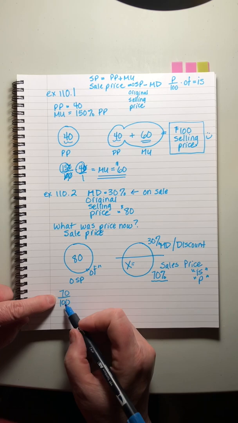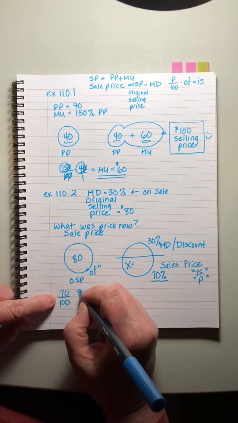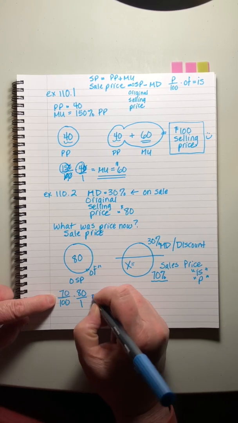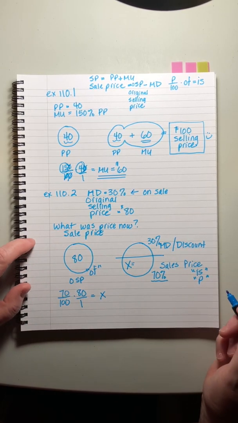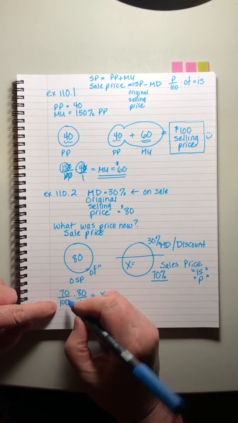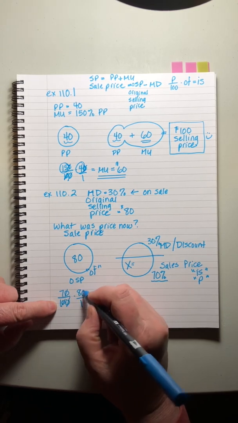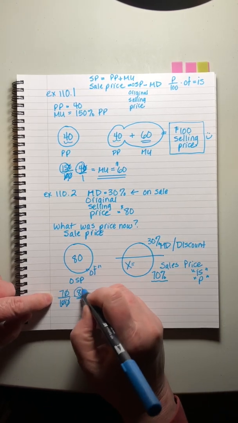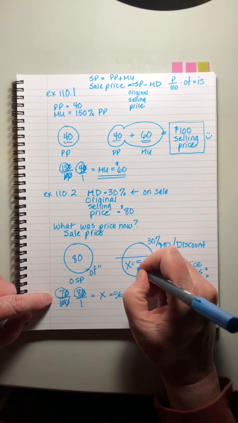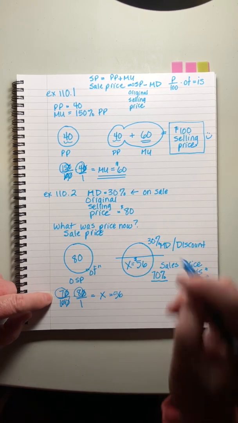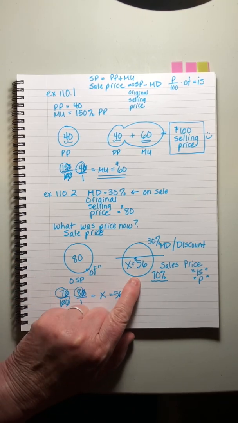Okay, 70 over 100 times 80 over 1 equals, I'll call it X. It's the sales price. Ready? Oh, we can do the same thing. Look, these zeros cancel each other, and we just do 7 times 8. So X equals 56. So that means the sales price is $56. That's how much you have to pay.